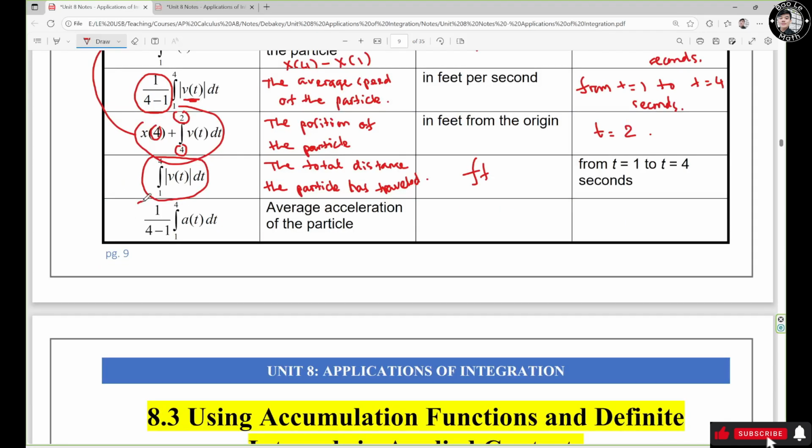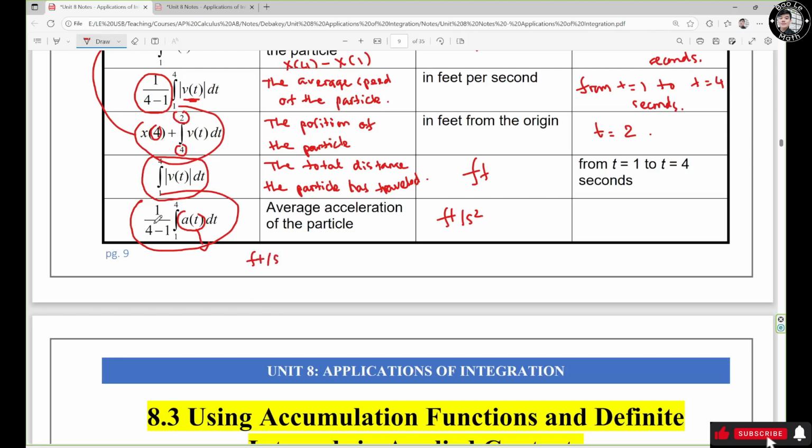Now the last one is actually the average acceleration of the particle. The unit should be feet per second squared. Why? Because when you take the antiderivative of acceleration, you get the velocity, so the unit should be feet per second.